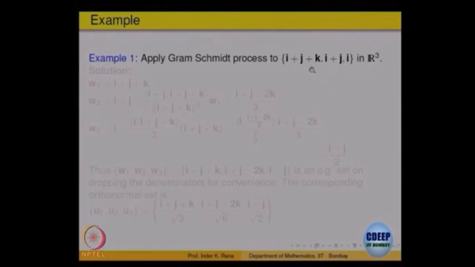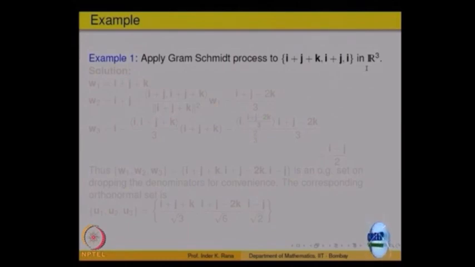So, what will this be? 1 1 1, right, in the ordinary coordinate notation. What will be i plus j? 1 1 0, the third component is 0, and i, that is 1 0 0, right. Check, they form a basis of the given vector space, that is R3. They also form a basis, you can check.